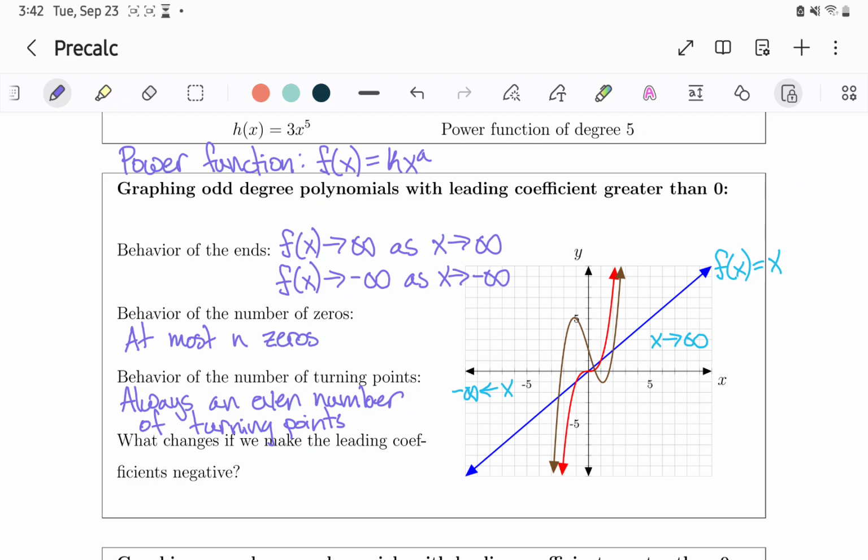And what changes if we make the leading coefficient negative? Well, what is going to change is going to be the end behavior. So instead of having f of x go to positive infinity as x goes to positive infinity, we are now going to have f of x go to minus infinity as x goes to minus infinity. So we could say the behavior flips.